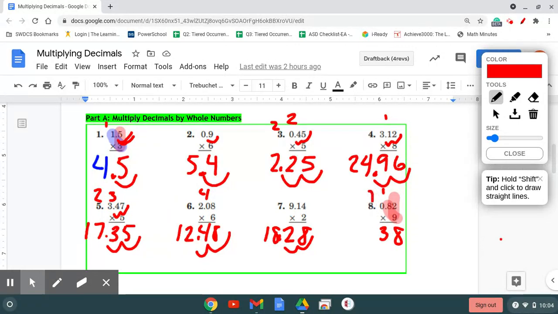Carry your 7. 9 times 0 is 0, plus the 7 we carried is 7. Where should our decimal place go in this problem? Okay, we had 2 spots here, 2 spots here. 7.38 should be your answer.